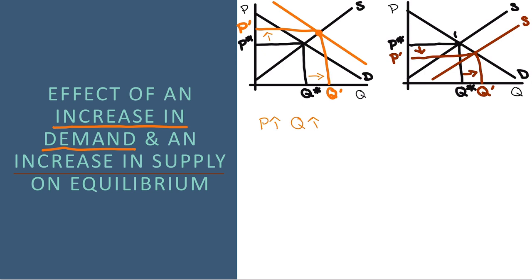This time, price went down, quantity went up. So we're going to look and see which ones are going the same direction. Price went up and then it went down. So price is indeterminate without more information.